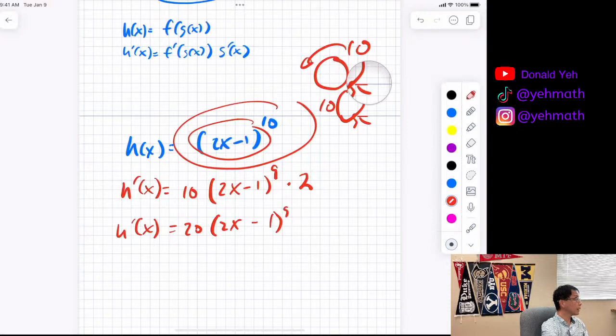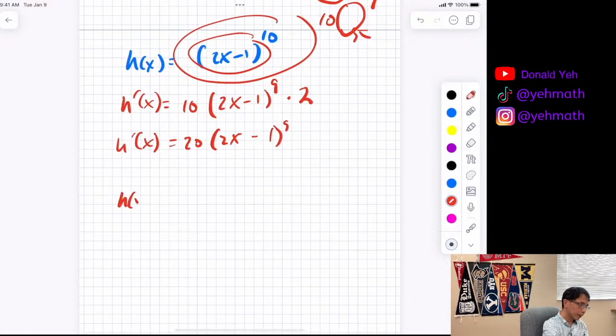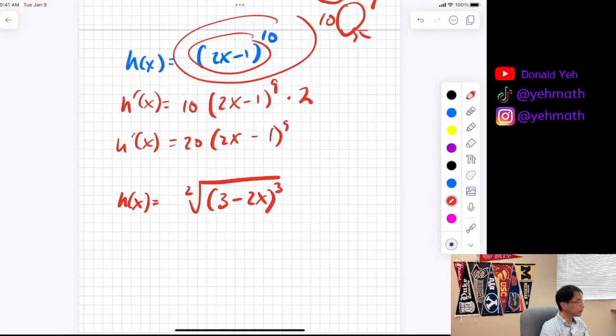Does that make sense? Okay, I'm going to give you one. h of x equal to the square root of 3 minus 2x to the 3rd power.